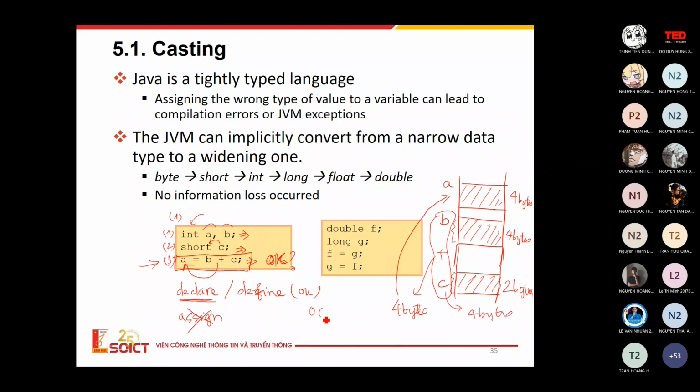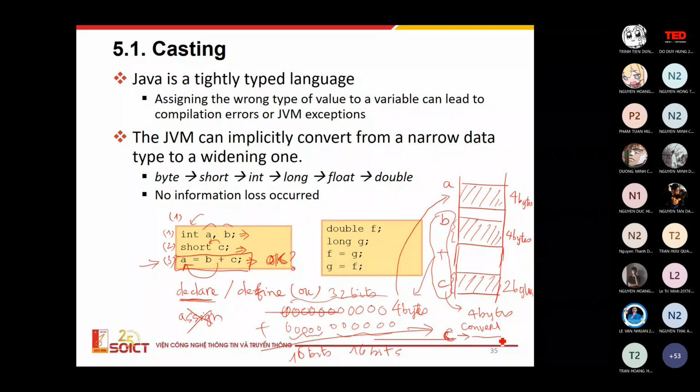Okay, you can see when you take the sum like this, for example this is 32 bits and this is 16 bits, to make the sum between two values here, you have to add 0, 0, 16 zeros before C. Okay, that means Java needs to convert C into which type?